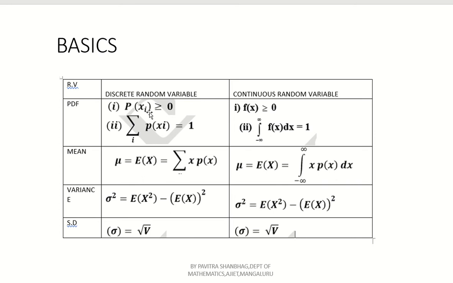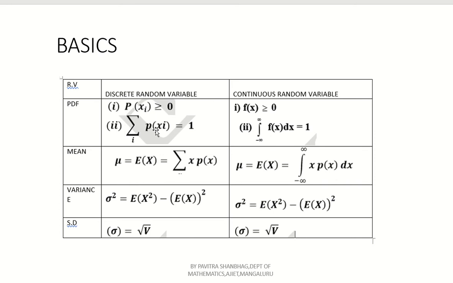First condition is that the probability of each element is always positive, that is, P of xi is always greater than or equal to 0. And what is the second condition? Summation of P of xi equals 1. What is meant by this i? i takes the values 1, 2, 3, 4.